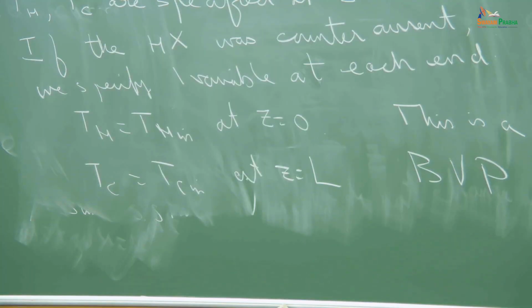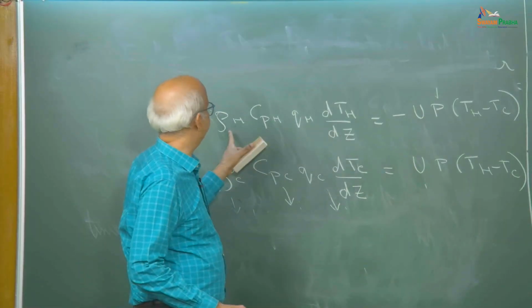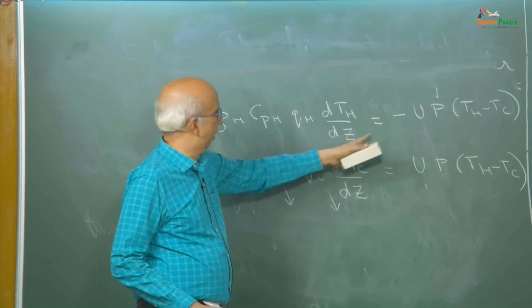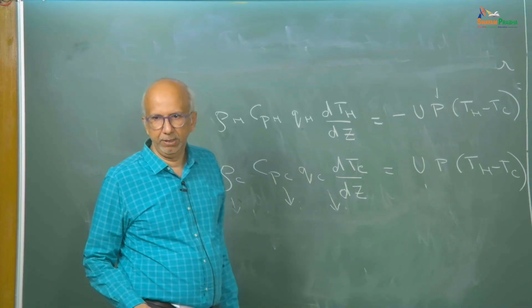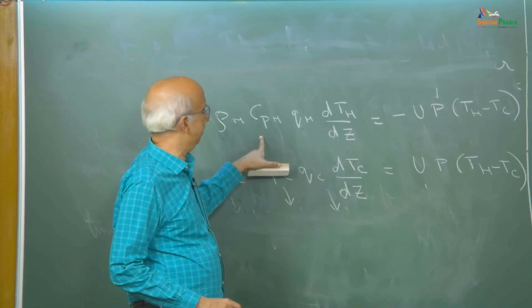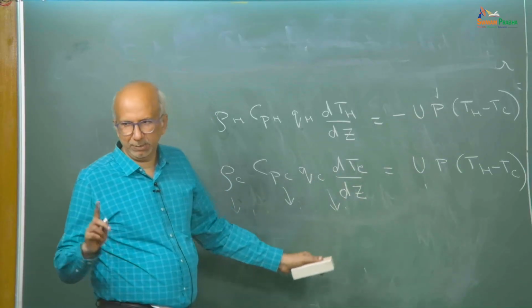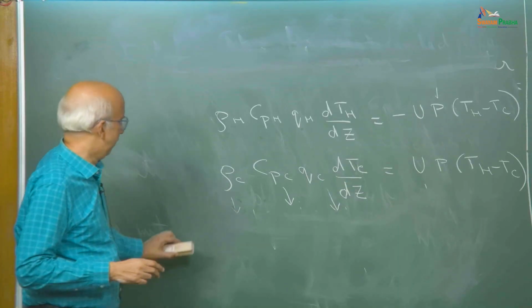I am going to divide the first equation by rho h Cph, this term here, and the second equation by its coefficient, so that the coefficient of the first order derivative will be 1. That is what I want to do.